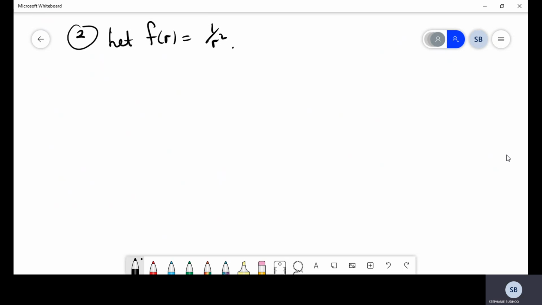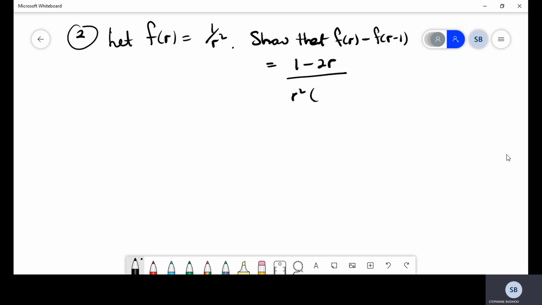Okay, and they're asking us to show that f of r minus f of r minus 1 is given by 1 subtract 2r all over r squared times r minus 1 all squared.